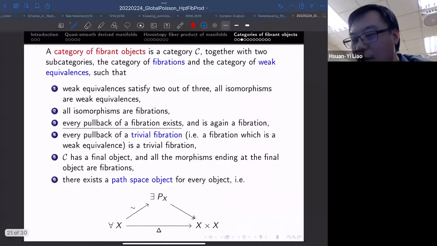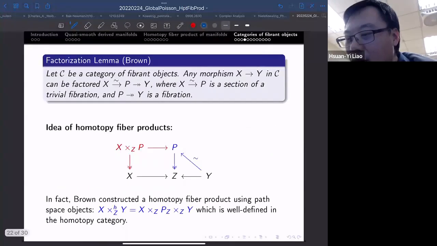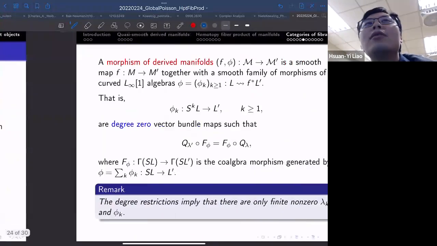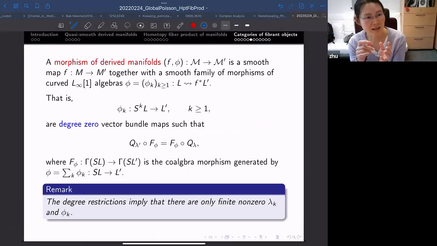You mean the category of fibrant objects, right? You mean the category of quasi-smooth manifolds is already a category of fibrant objects? That's my guess. I asked, you explained why it couldn't be, but I think it's okay.